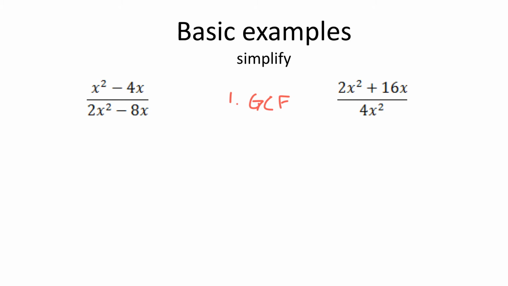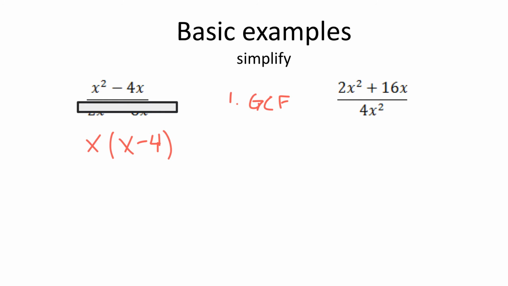And so in a way, I can just kind of block this off for a little bit if I wanted to, and just kind of work with the x squared minus the 4x. And so obviously I'm going to look for a greatest common factor first. And so when I look at that numerator, I can find a greatest common factor of x in both of those terms. So I would have x on the outside, and then what I have left over, x minus 4. And so I've factored that numerator.